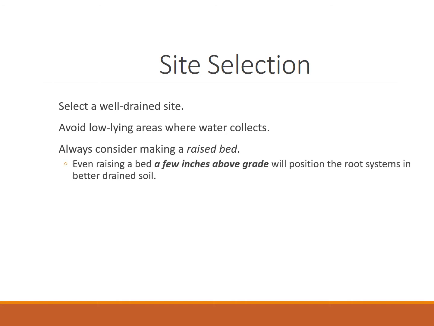So even raising a bed just a few inches above grade will position the root systems of the plants that you put into the planting bed higher than the grade and put them in a better drained situation. Now you don't have to use a raised bed every time you make a planting bed, but they just seem to work. They have a lot of benefits.